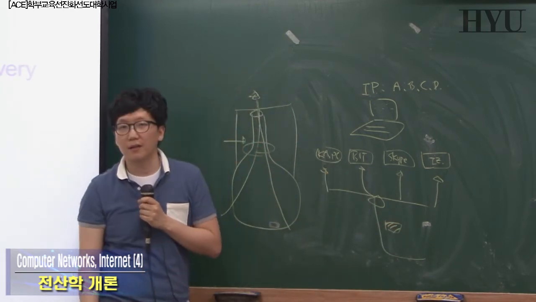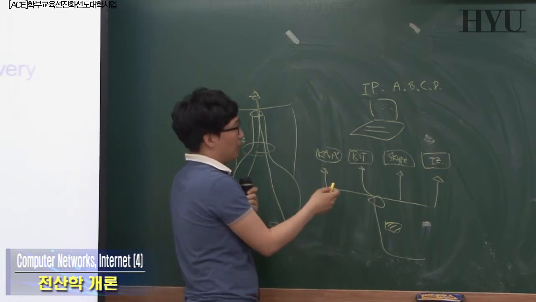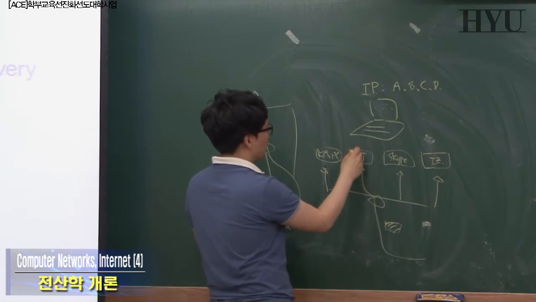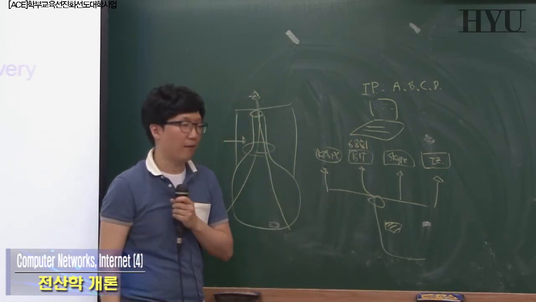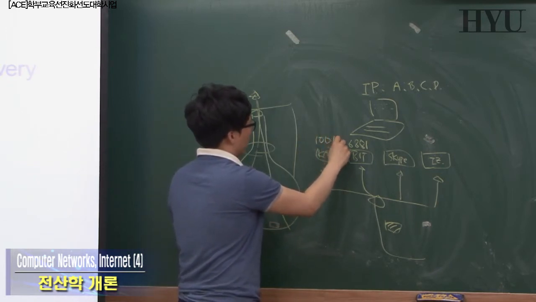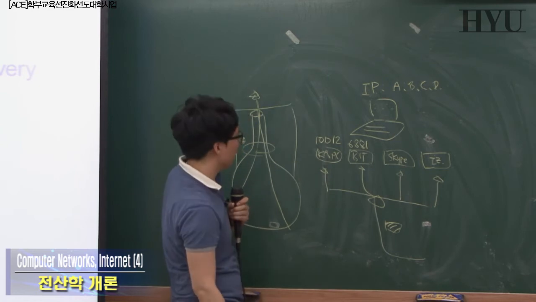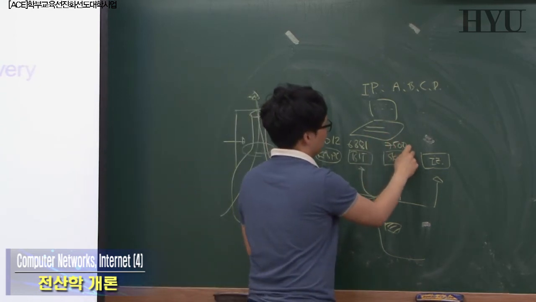port numbers. So I give you port numbers, something like, 스카이프를 잊어버렸다. BitTorrent, let's say a number. Maybe 카카오톡 1012. Skype, I don't know, 7500.